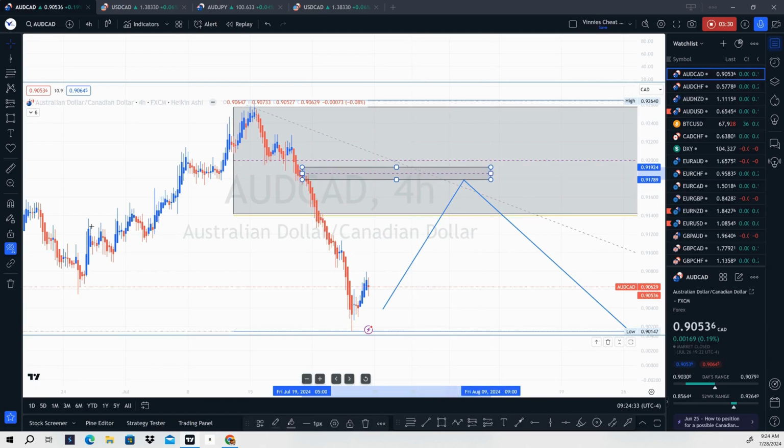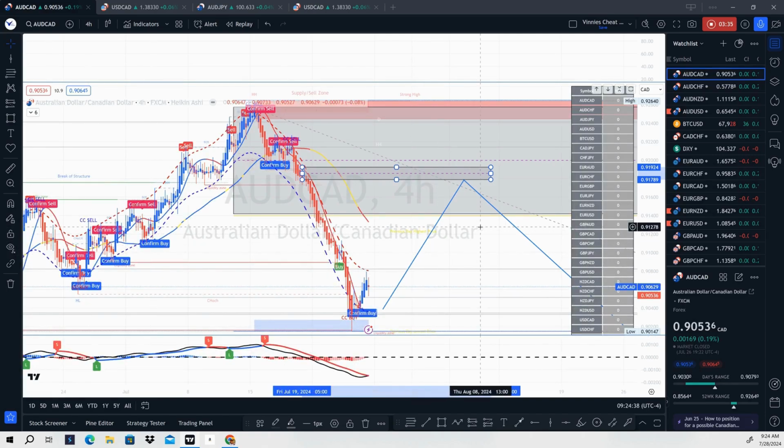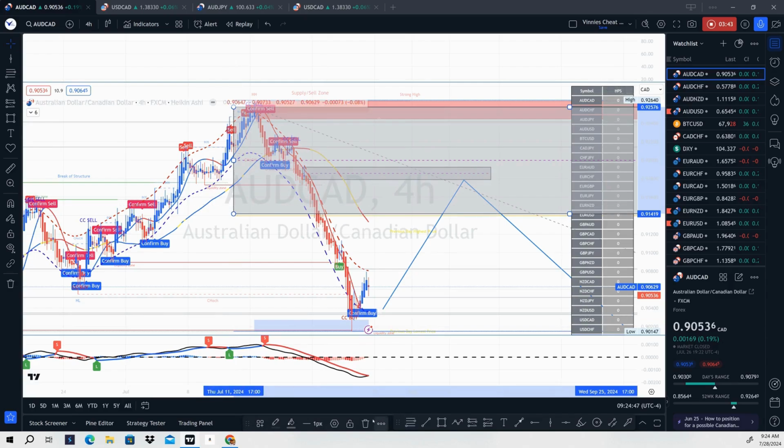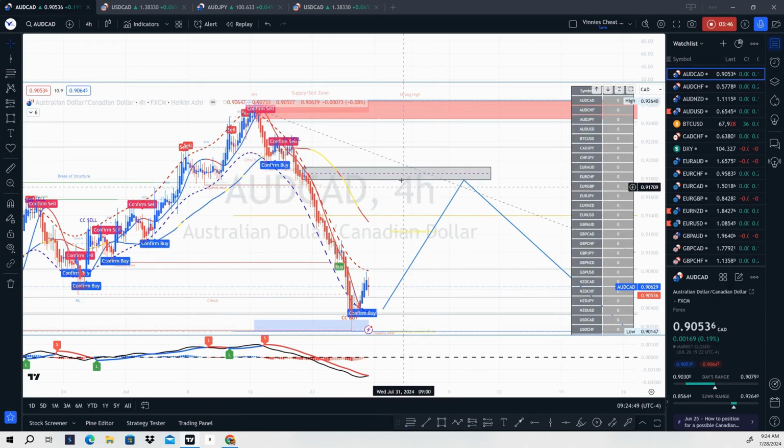Now, if we turn on the indicator, we can see that we do have some levels up here. Let me get rid of this so you guys can see. We have some levels within this indicator up here where price can get back to, somewhere in this area. So if price pulls back into this area, then we want to be looking for opportunities to sell above the 50% area.